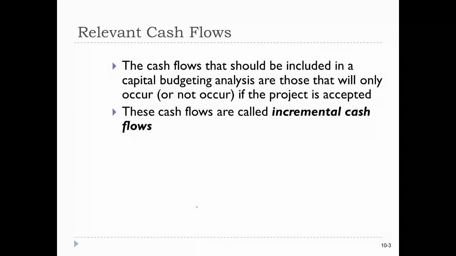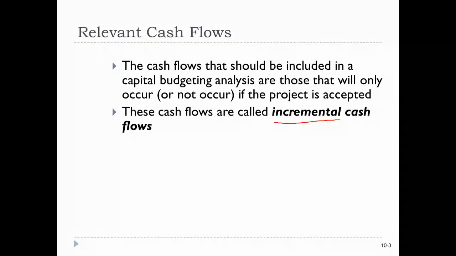The overriding principle in estimating or choosing cash flows, calculating cash flows to be incorporated in an analysis like this, is to pick cash flows that are what we call incremental. Cash flows that we want to consider are cash flows that are incremental to the project. And the slide here gives a pretty good definition.